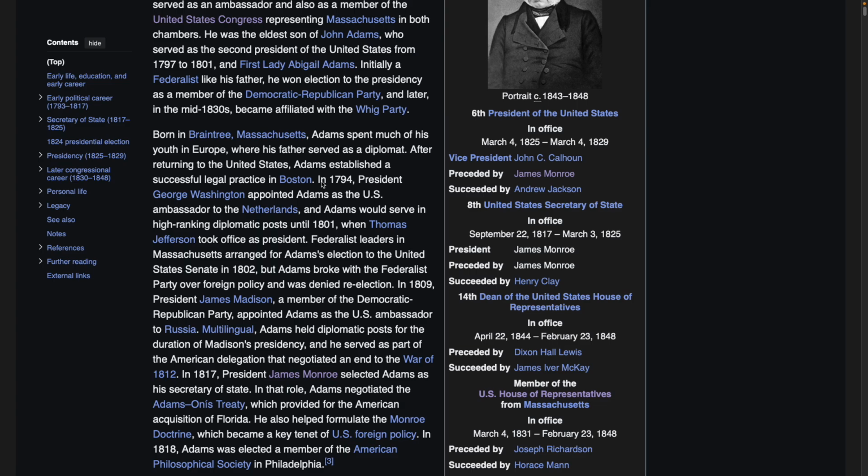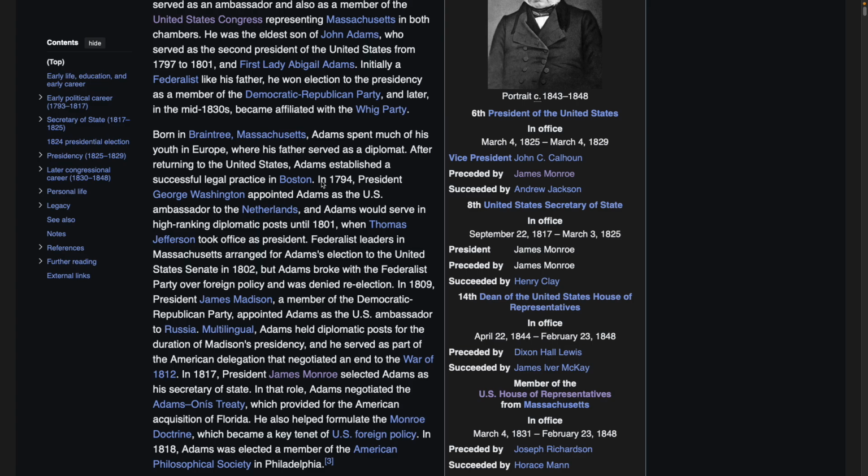In 1809, President James Madison, a member of the Democratic-Republican Party, appointed Adams as the U.S. ambassador to Russia. Multilingual, Adams held diplomatic posts for the duration of the Madison presidency, and he served as part of the American delegation that negotiated the end to the War of 1812.